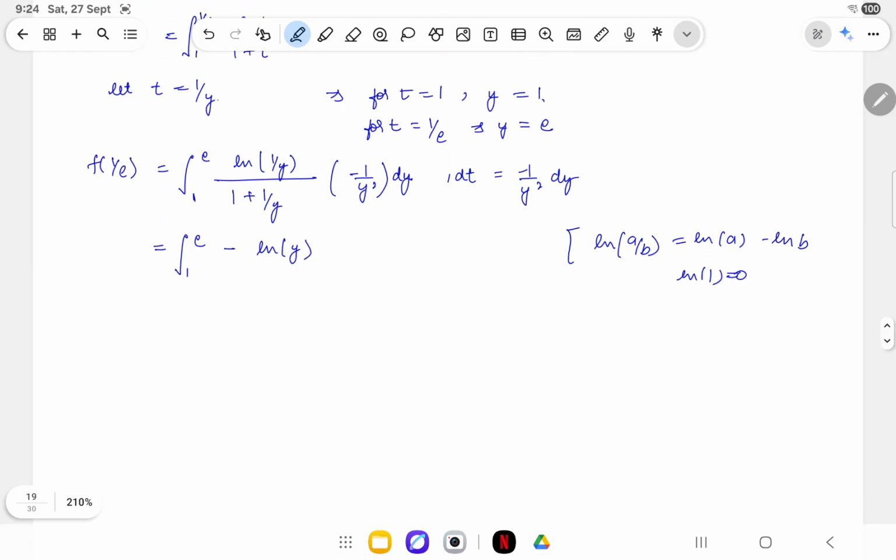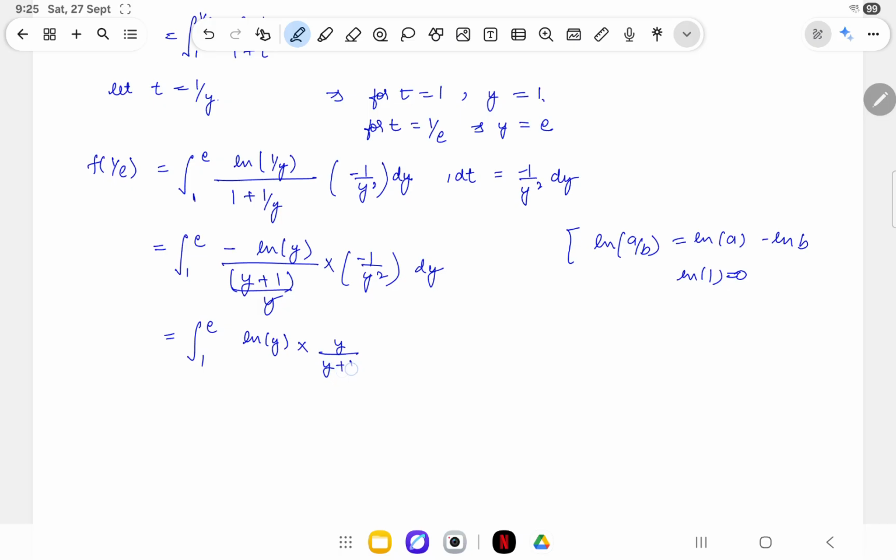So it is minus ln y divided by y plus 1 by y into minus 1 by y square into dy, and it will reduce to ln y into y by y plus 1 into 1 by y square into dy.